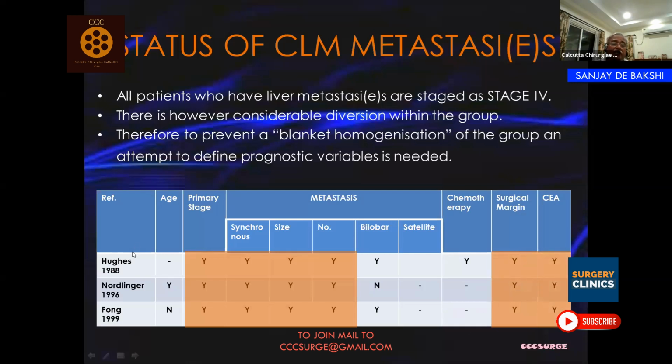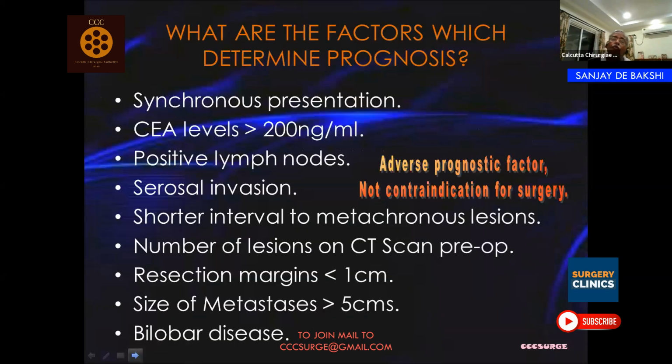Two of the studies, Hughes and Fong, also said that if you had bilobar metastases, that was also bad news, whereas Nordlinger said no, bilobar wasn't important. Therefore, as a result of this fabulous study, what are the factors that determine prognosis?